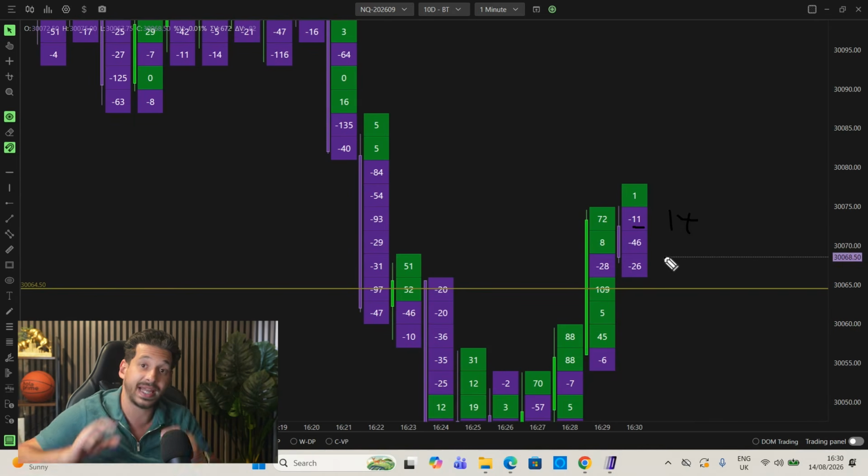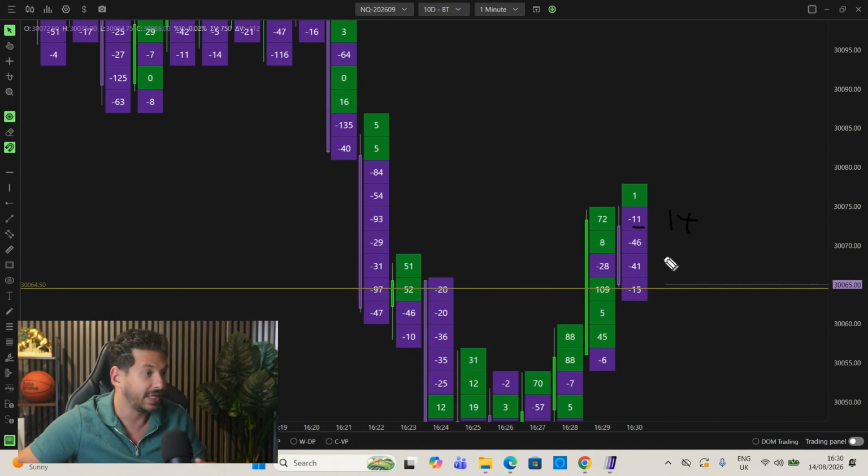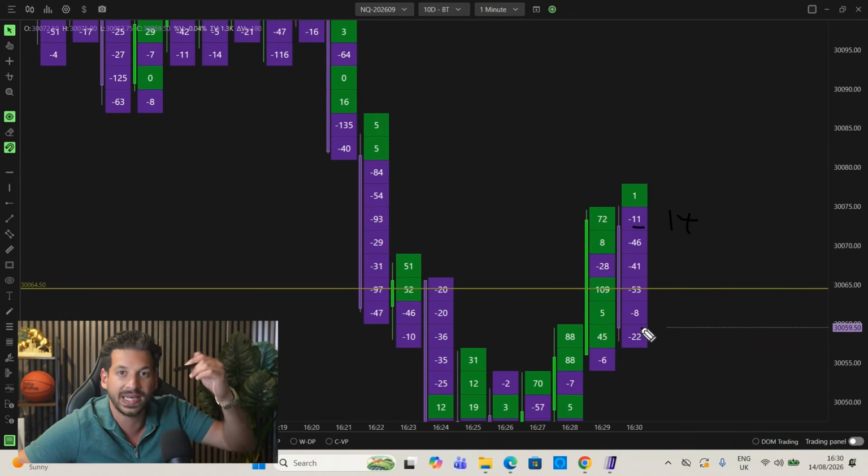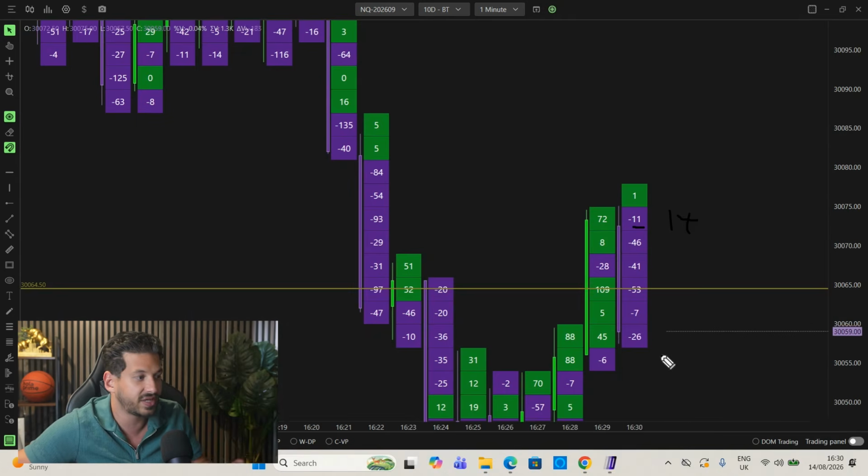So I'm also looking at the chunks that are coming in. If the volume is trickling in, going up in 2s, 3s, 2, 3, 4, it's not as good as if you just saw it go from 30 to 80 in an instant. Because that's a big order being placed in one go.